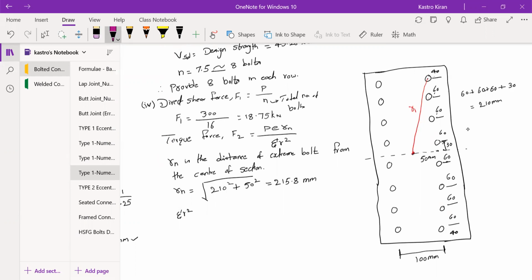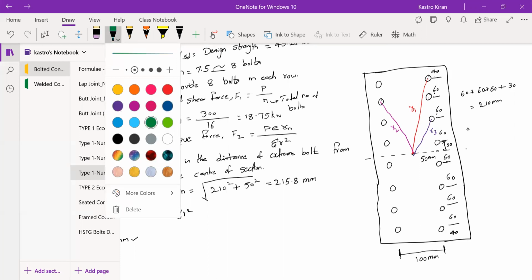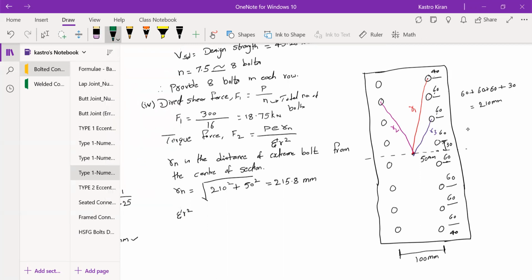So from center of bolt to the center of the section, which is R2. And again we have R3. And also we have the 4th radial distance, which is R4.